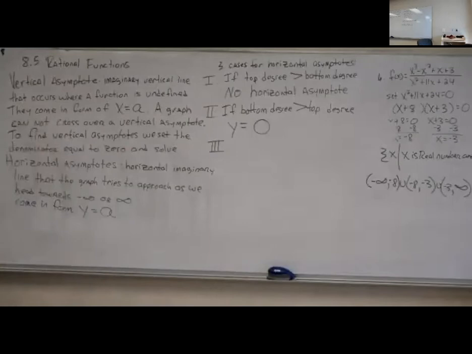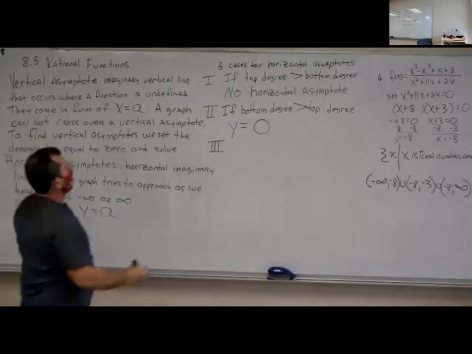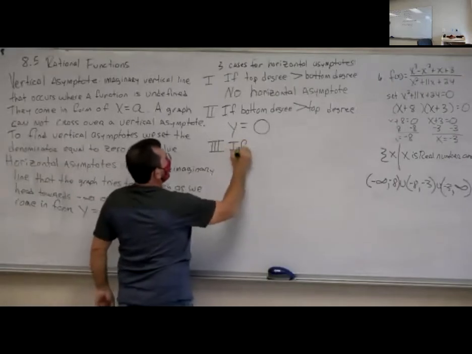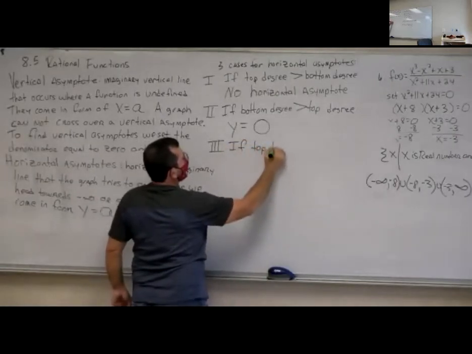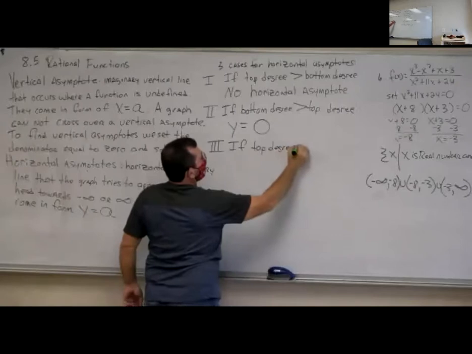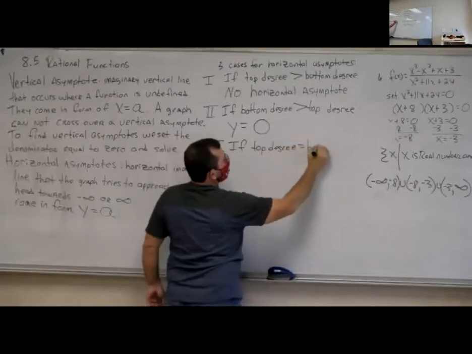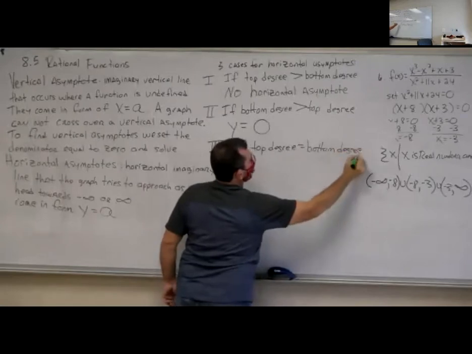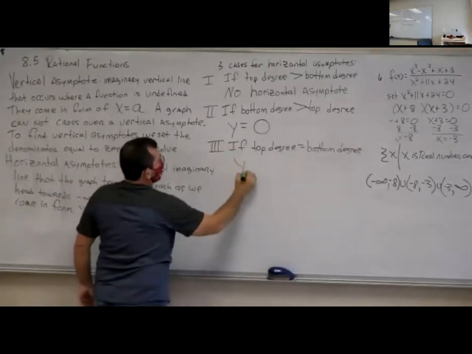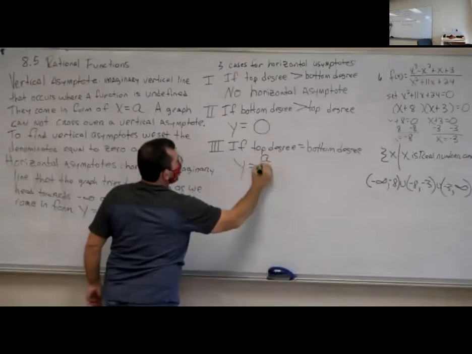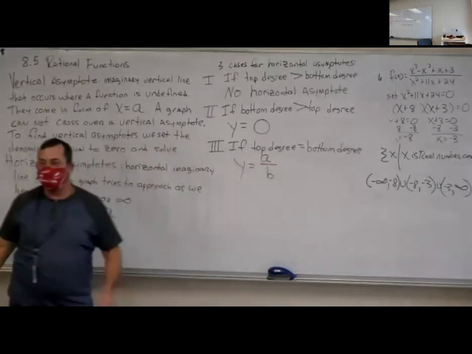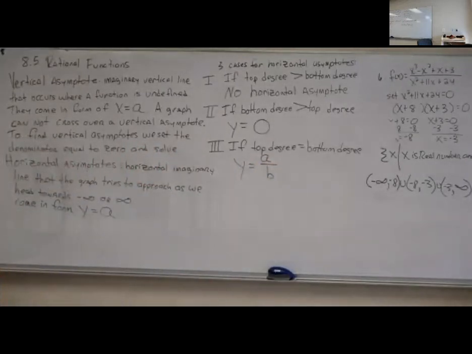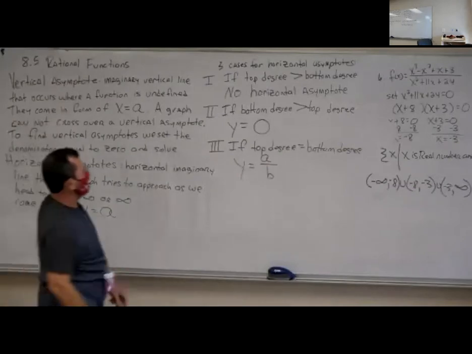Well, if the top is bigger, the bottom is bigger, what if they're equal? If the top degree equals the bottom degree, then it is y equals a over b. A is the lead coefficient on top.